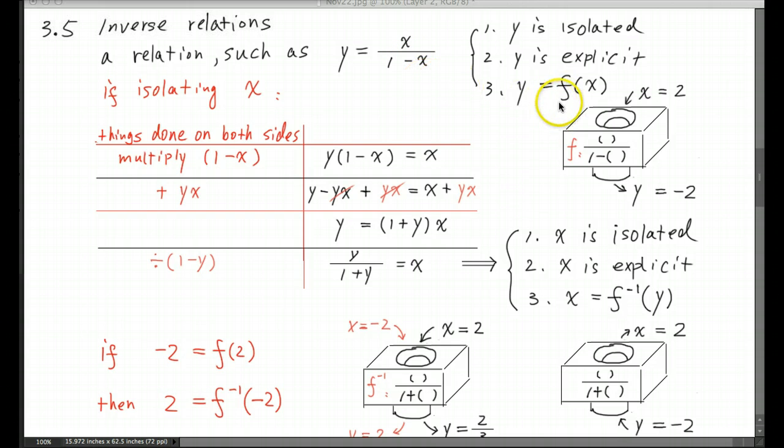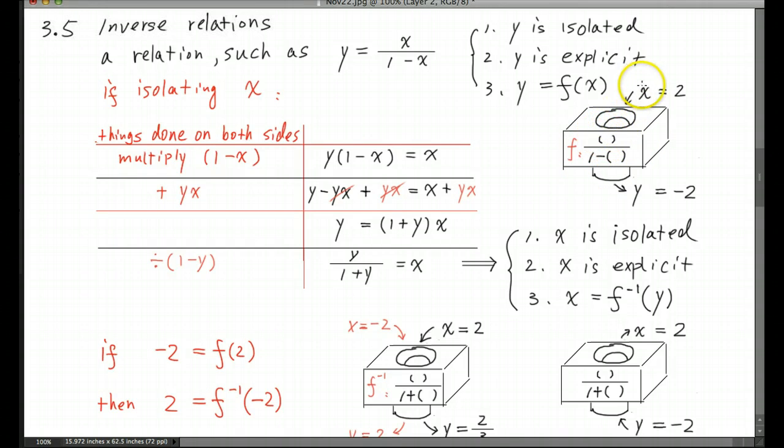Normally we just write a function notation as y equals f(x). So the f(x) really means an expression in terms of x. If you consider the function as a machine, as I did in this analogy before, the box is just doing some operation.